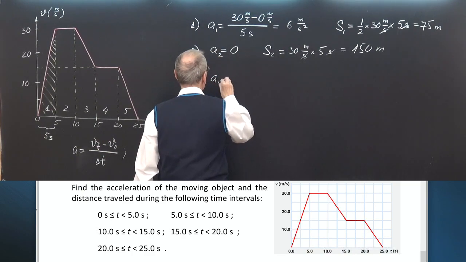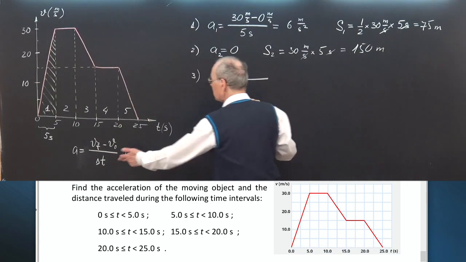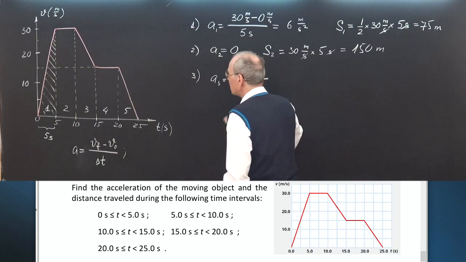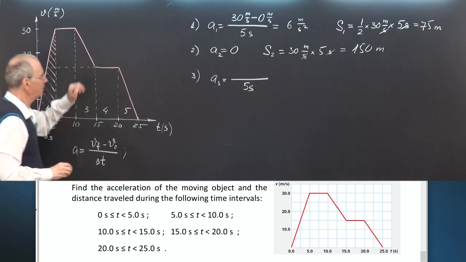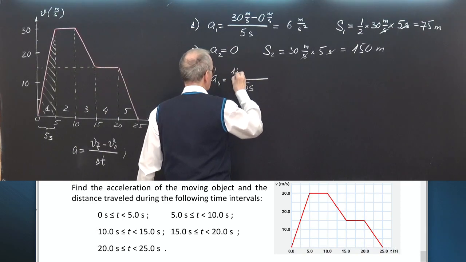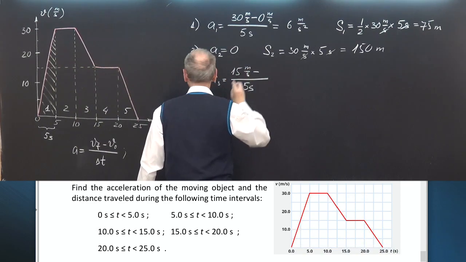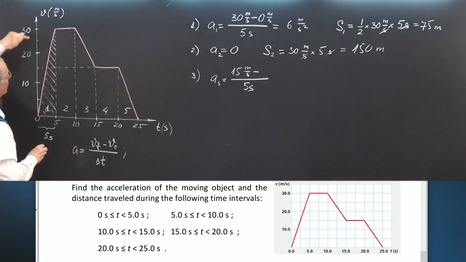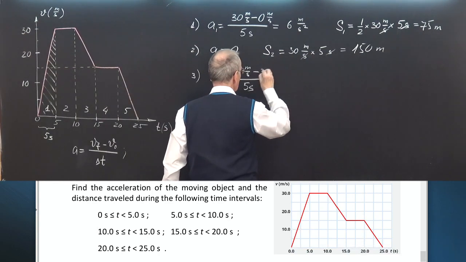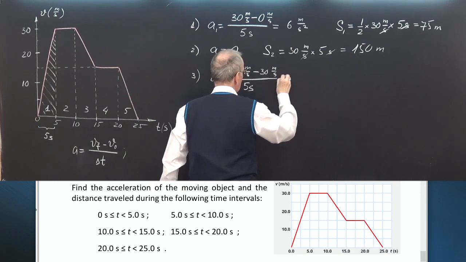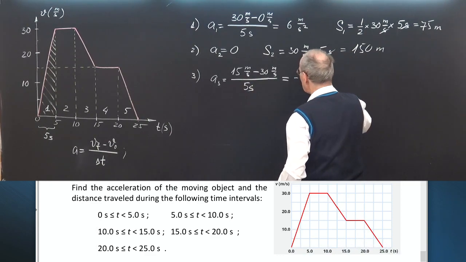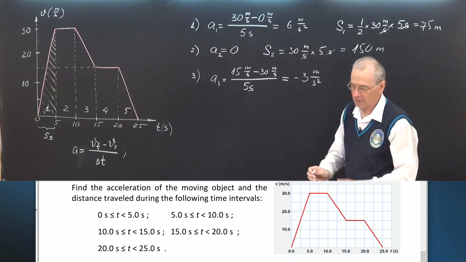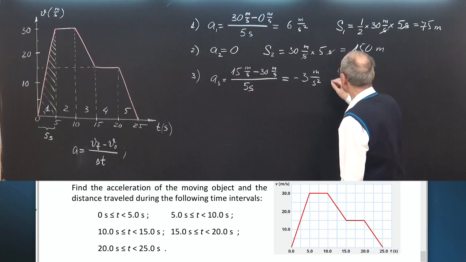A3 equals final velocity 15 meters per second minus initial velocity 30 meters per second, divided by delta t, 5 seconds. It gives minus 3 meters per second squared.